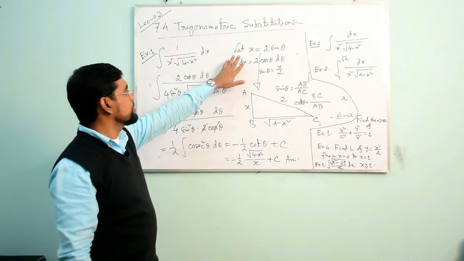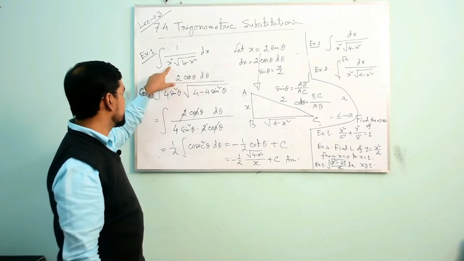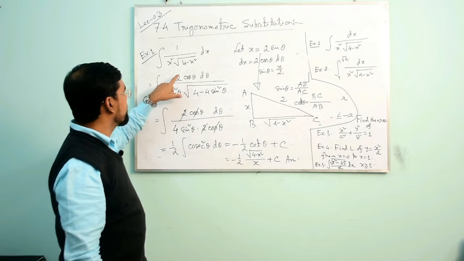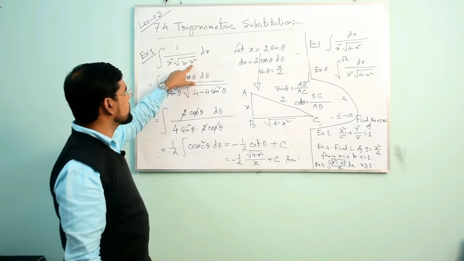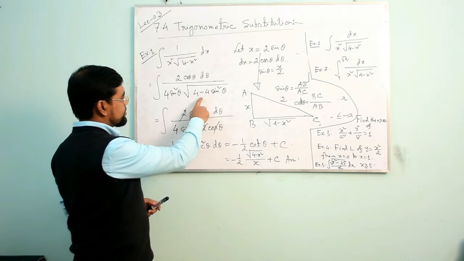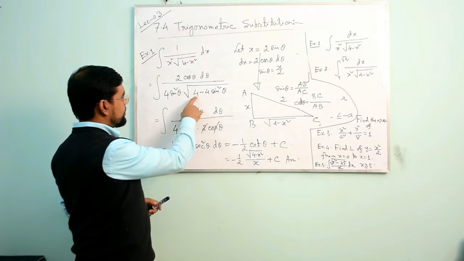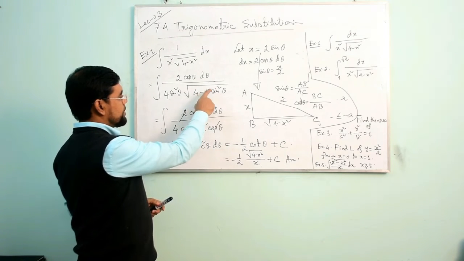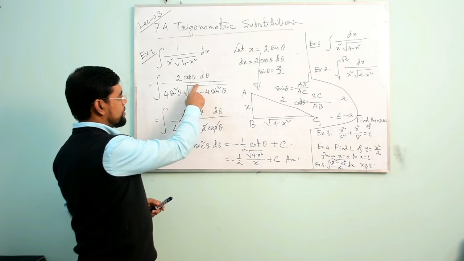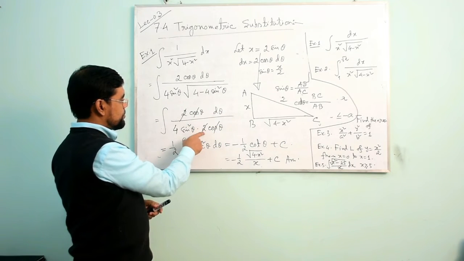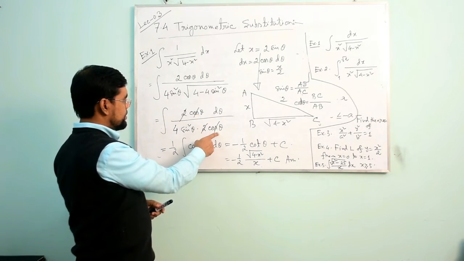Let us substitute this. x square equals 4 sin square theta, and root of 4 minus x square equals root of 4 minus 4 sin square theta. You can take the 4 outside of the radical, so it will be 2, 1 minus sin square equals cos square, and the square root of cos square equals cos theta. So you can cancel 2 and 2, cos theta and cos theta.